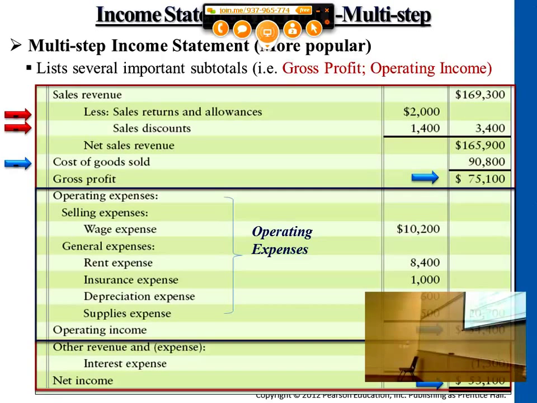The second one captures all the major expenses that relate to selling the products, marketing the products, anything that relates to stores and administrative offices. The third section is minor expenses and revenues. Okay, so there are three subtotals that you would see in the multi-step income statement. It gives more detailed information to outside users.